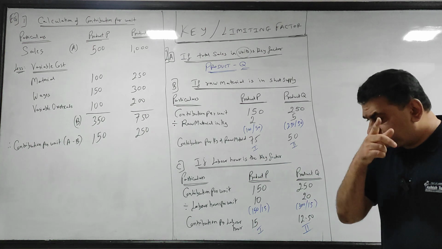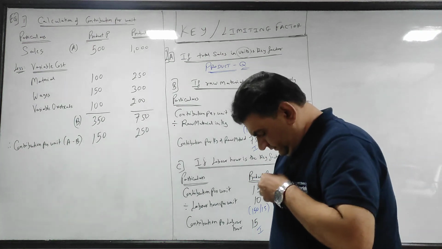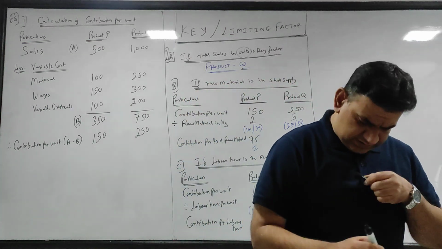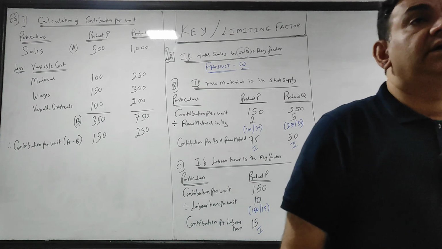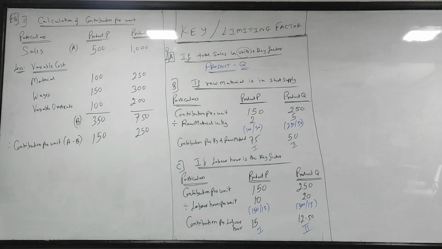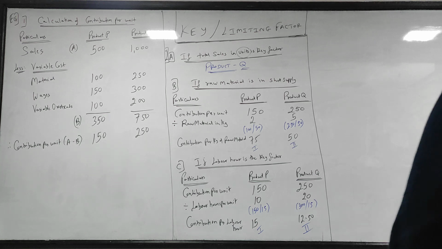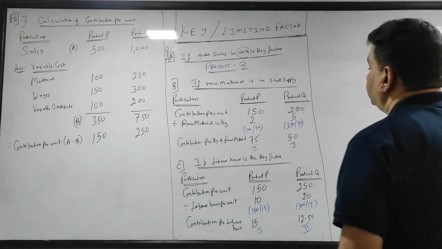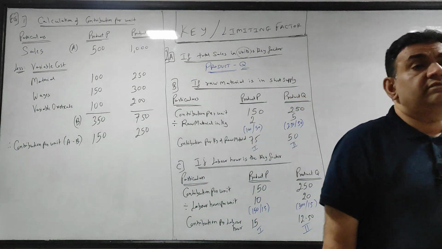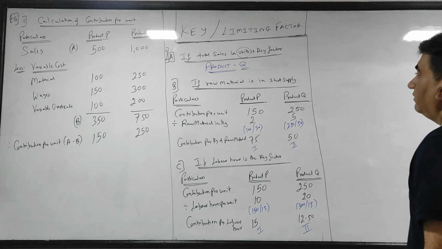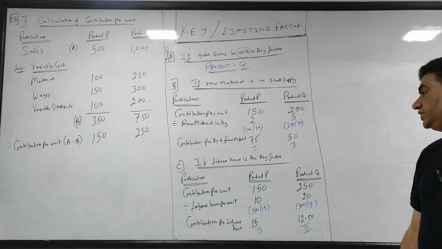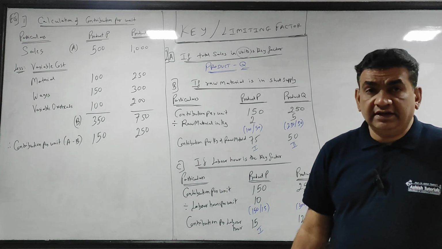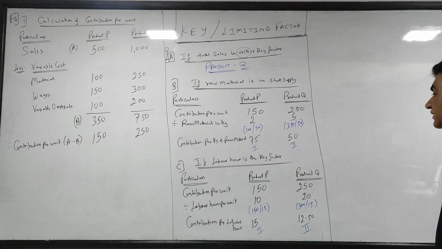Again, write the note the same way. Write the note: when labor is the key factor, the product having a higher contribution per labor hour will be preferred.